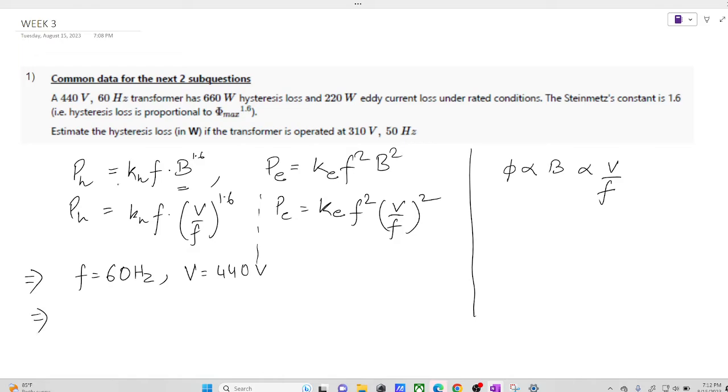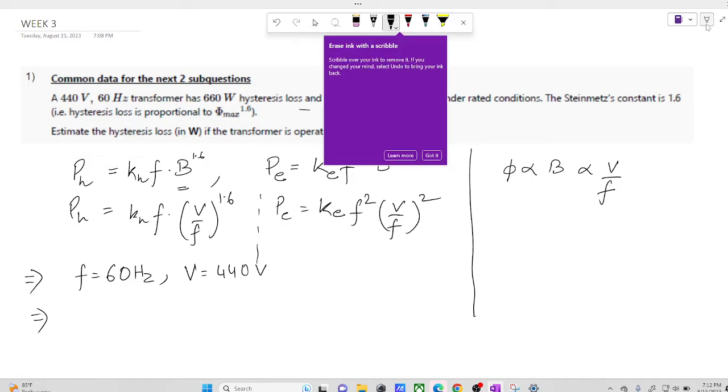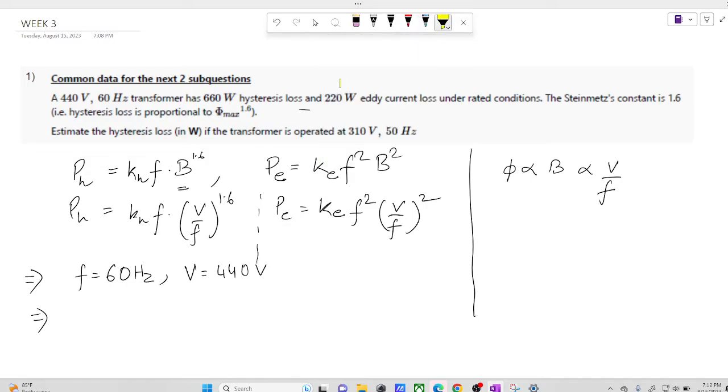They have mentioned that hysteresis loss is 660 watt and eddy current loss is 220 watt.